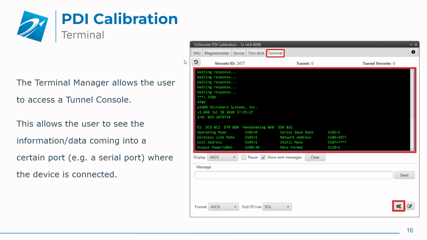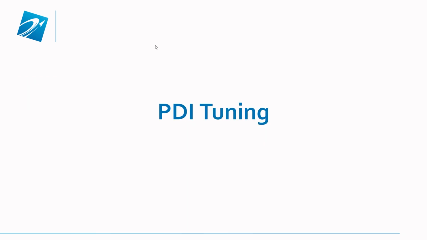And then we can use also the terminal manager that allows us to access a panel console. This allows the user to see the information or data coming into a certain port, for example, the serial port in which the device is connected. And through this terminal, we could also set up the radio module.